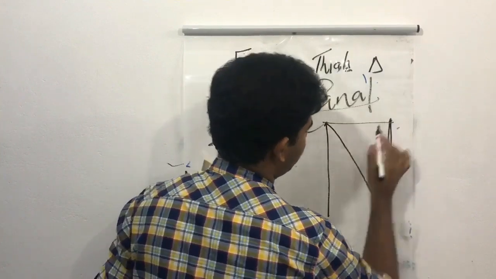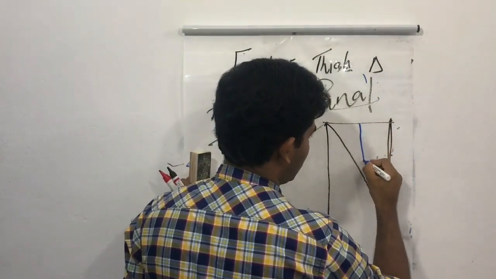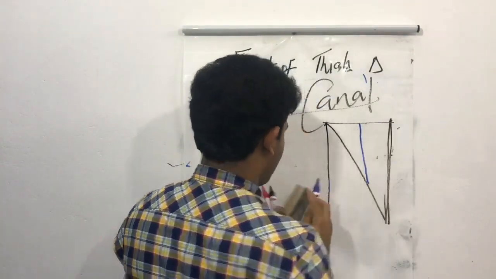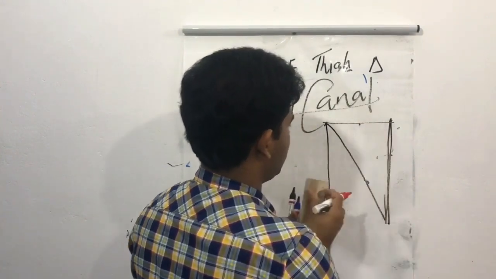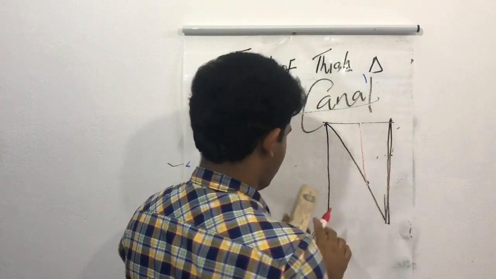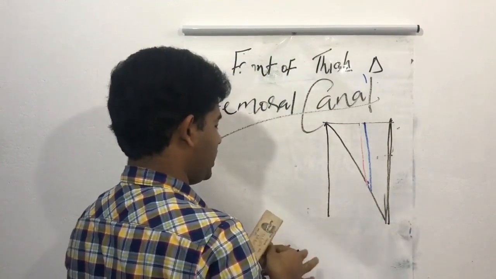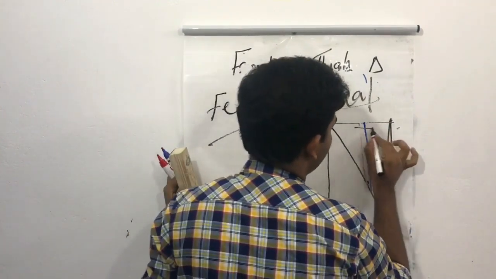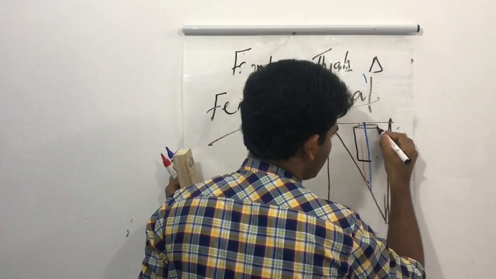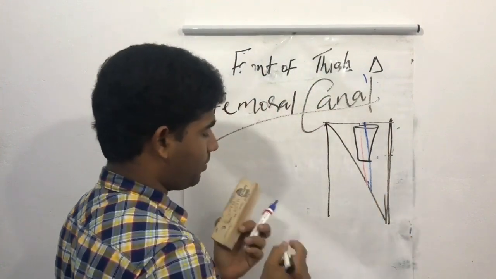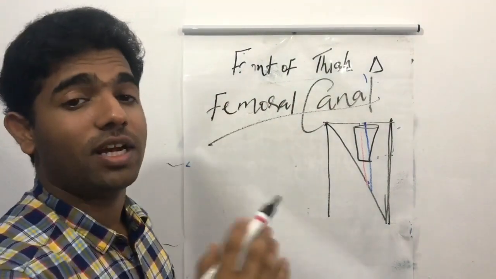Let it be our triangle, and in this we have the femoral vein here, and let this be the femoral artery, and let this be the femoral nerve, and there is a fascia covering the upper three-quarters of this, and this is known as the femoral sheath.